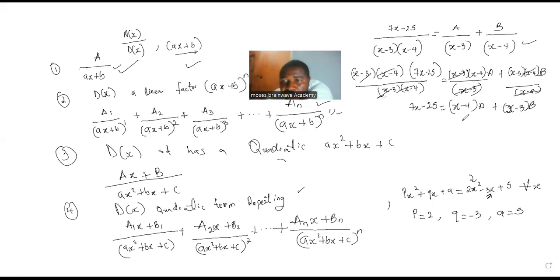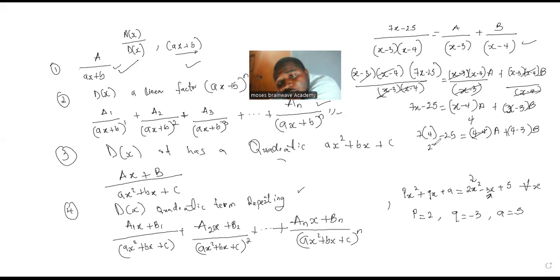Clearly, if we set x here to be 4, a will be gone. So that's the idea. So we have 7 into 4 minus 25 should give us 4 minus 4 of a, this is gone, plus 4 minus 3 of b. So here I'm going to get hopefully 28.